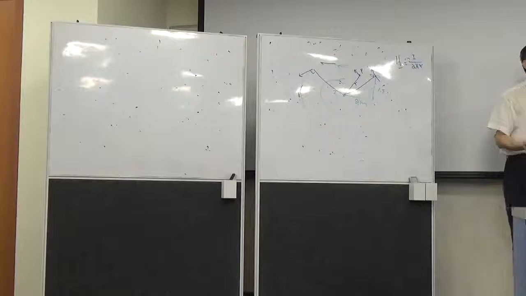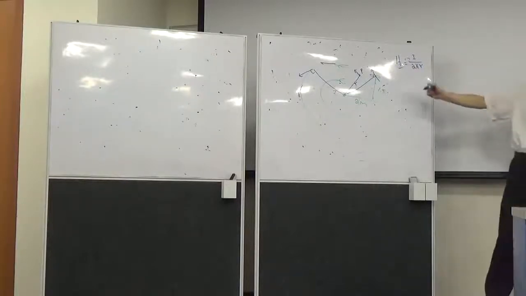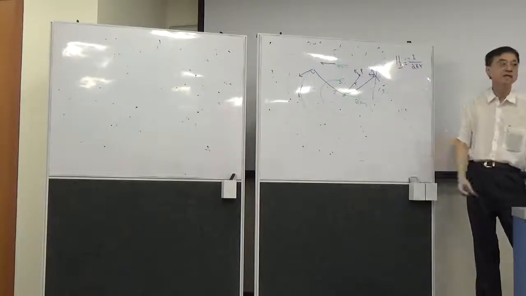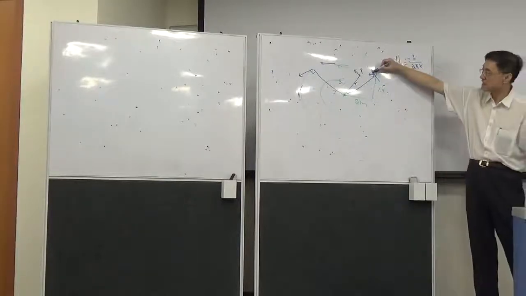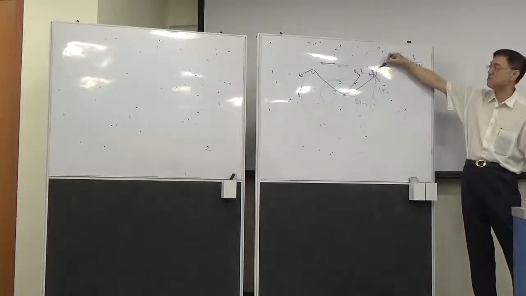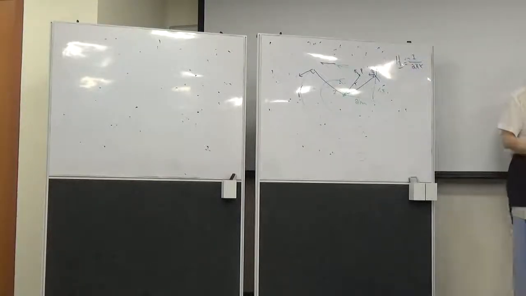So which component of the magnetic field? Now this one has two components. One component is like this, one component is like this. This one is perpendicular to here, so it has a vertical component and a horizontal component. Which component of the magnetic field has no effect on the induced voltage?